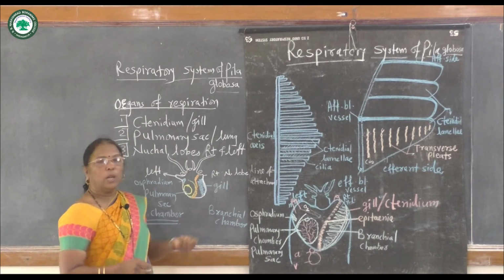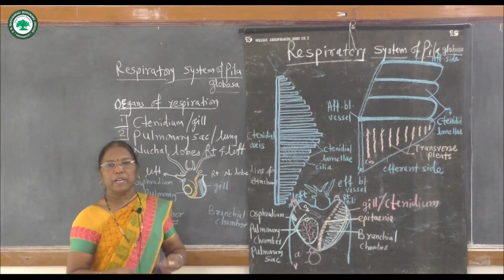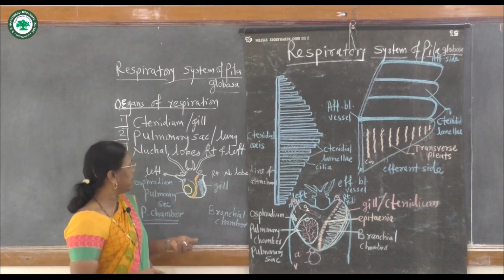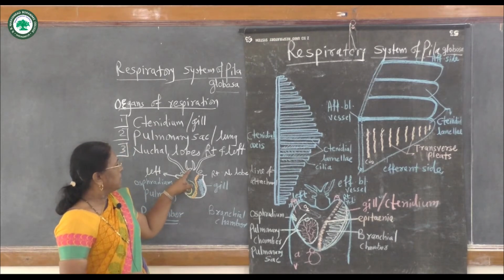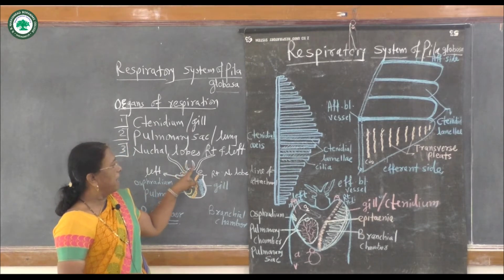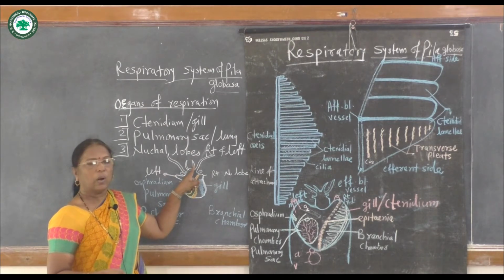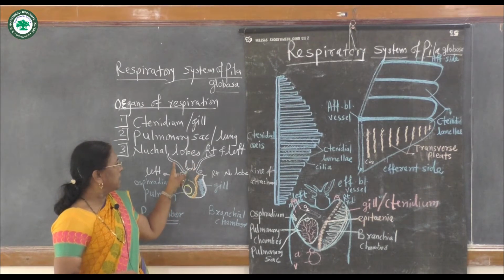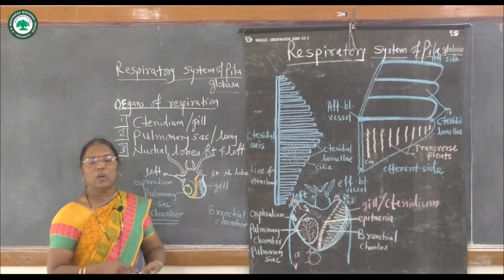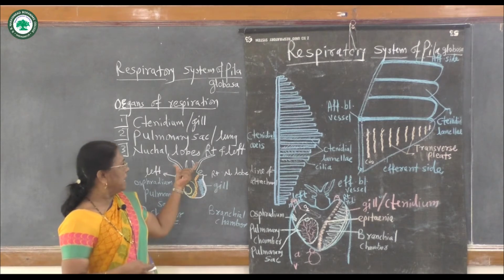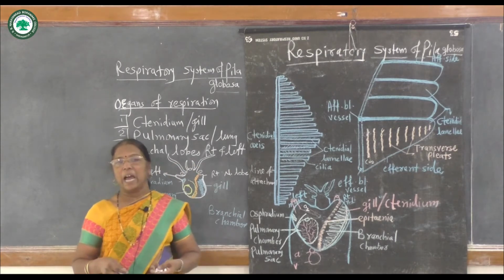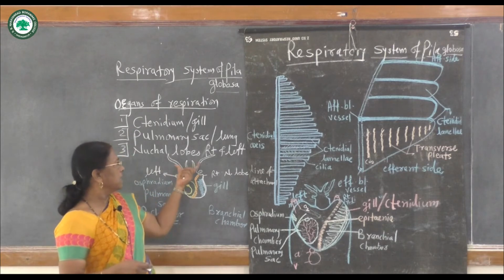Here, we will see the location of all these respiratory organs within the body cavity. Suppose this is the mouth, guarded by the first pair of tentacles called labial palps, and the second pair of tentacles, called secondary tentacles or elongated large contractile tentacles.